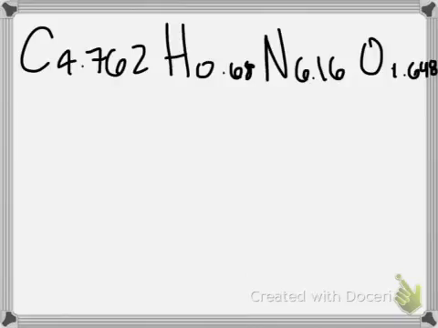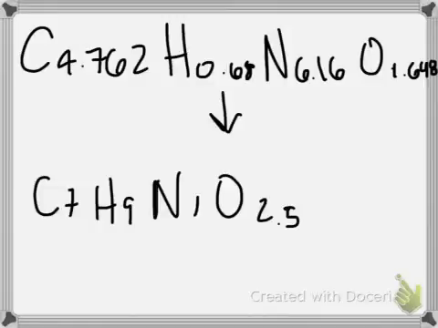So now my old formula of 4.762 moles of carbon, 0.68 moles of hydrogen, 6.16 moles of nitrogen, and 1.648 moles of oxygen reduces down to C7H9N1O2.5.